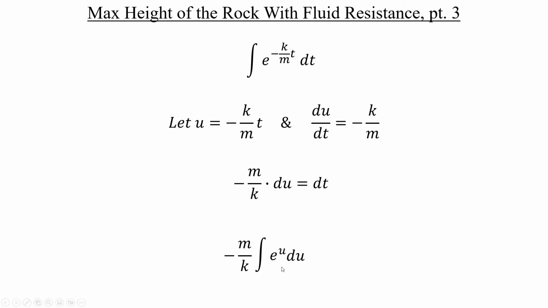Now, this is actually a super simple integral. If you integrate e to the u, you get e to the u. Okay, you get the exact thing out that you put in, along with that factored ratio out front. So this is actually the answer in terms of u. But an important reminder here. We have to put things back in the form of t.